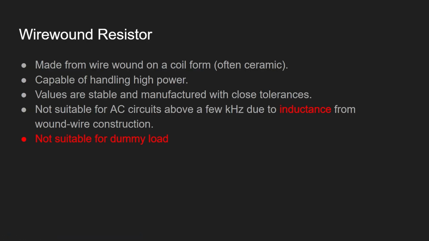This causes inductance, and it will cause some interference to the machines. So it is not suitable to be used as a dummy load, as it will interfere with your radio. If the questions ask you this, you will always know that it is not suitable for a dummy load. It is never used.